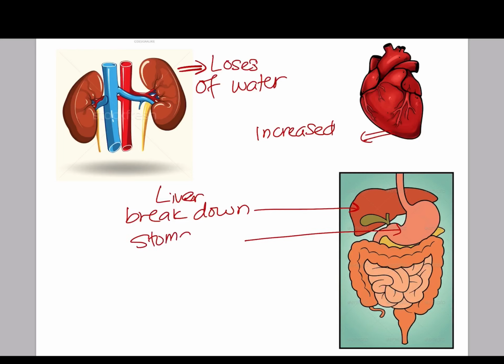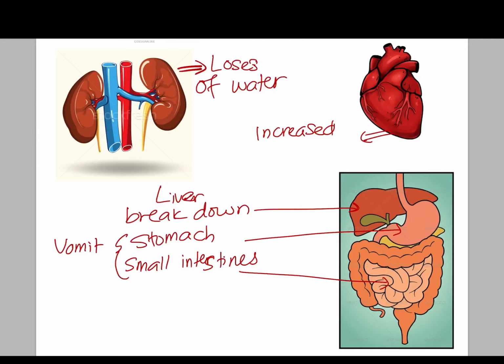The alcohol is absorbed in the stomach and the small intestine, and here is the small intestine. The absorption of the alcohol in the stomach and the small intestine will make the person vomit easily, because when much alcohol is absorbed, the body cannot withstand it.